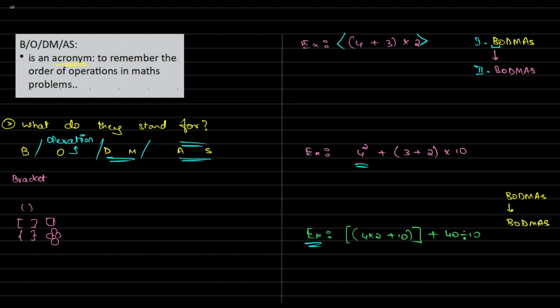So when we are thinking of it, you just have to look within this. Whatever is happening outside, you just have to copy. So within bracket we have no bracket, so there's no bracket inside the bracket, right? And there's no operation, there is no division, there is no multiplication. Yes, there is addition, and this is 7, and there is no subtraction.